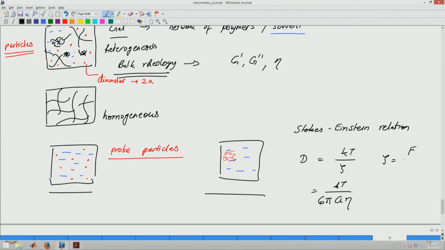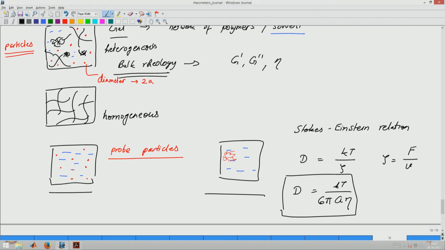Stokes law, we can use Stokes law to estimate this friction coefficient, because the friction coefficient is nothing but the force on the particle divided by its velocity, and that is nothing but 6 pi eta a. So, therefore, if we can measure the diffusion coefficient, we can find out the viscosity of the fluid.